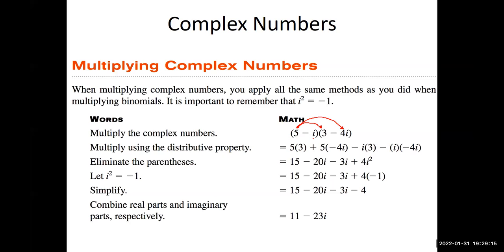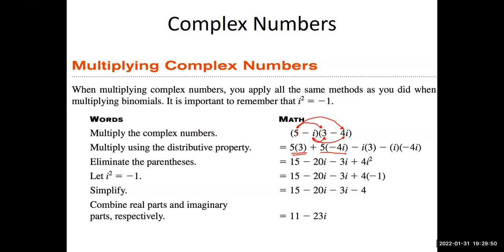And then this negative i will be multiplied also to 3 and also to negative 4i. Di ba? So, ganyan yung distributive property. So we have 5 multiplied by 3, and then 5 multiplied by negative 4i. Then sa FOIL method po yan, sir, di ba? Yes, the FOIL method din yan. Parehas yan. Okay?